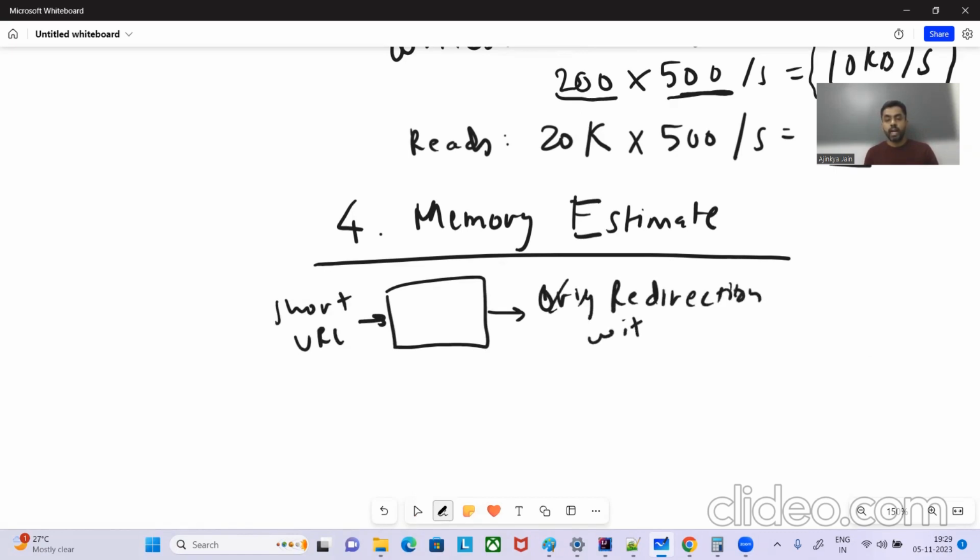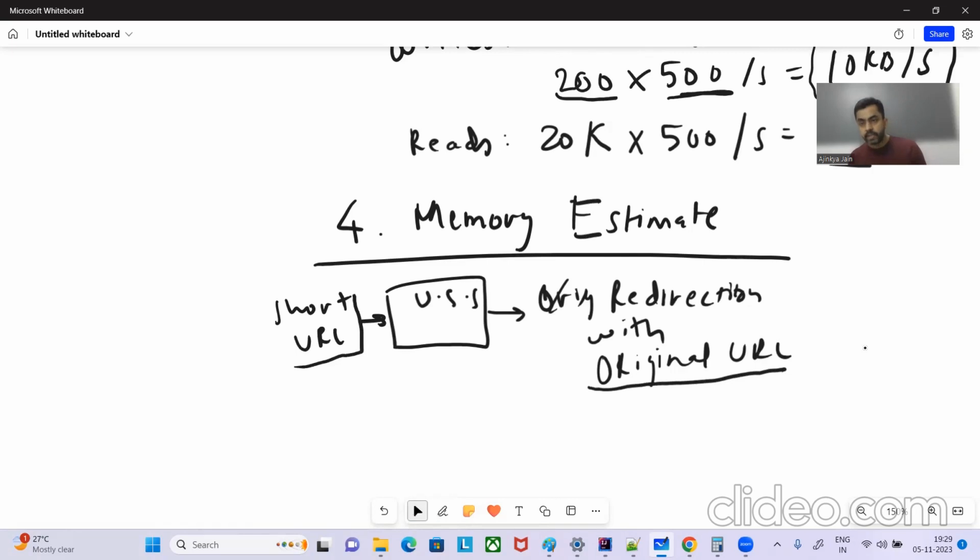This is what is expected from a URL shortening service. If a user has provided the short URL, our system will be returning the original URL in the response. So it should be very fast, with minimum latency, as we have discussed earlier.